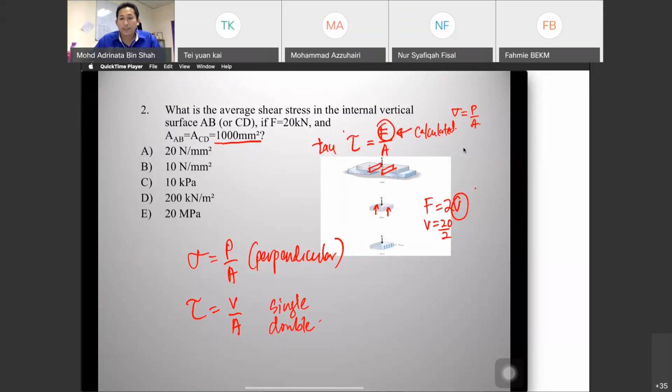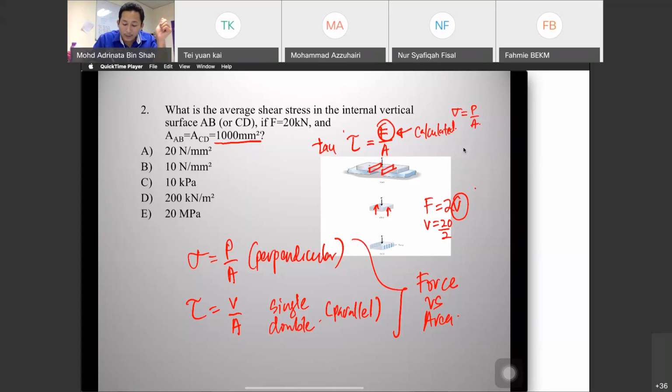So apa yang saya nak tekankan di sini ialah you need to know that normal stress is perpendicular and shear stress, dia punya stress parallel. Apa yang perpendicular? Apa yang parallel? Perpendicular and parallel adalah force dan juga area. Okay. So force dengan area tu 90 degrees untuk normal stress atau kita panggil axial load, dan shear stress dia adalah parallel.